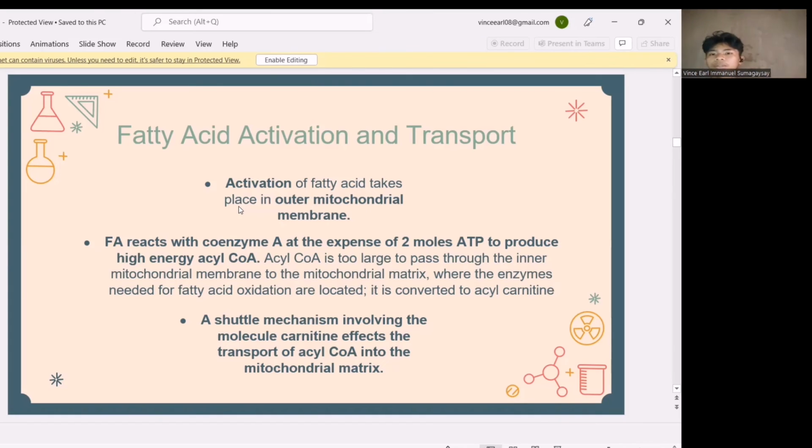It is converted to acyl-carnitine, a shuttle mechanism involving the molecule carnitine that affects the transport of acyl CoA into the mitochondrial matrix.